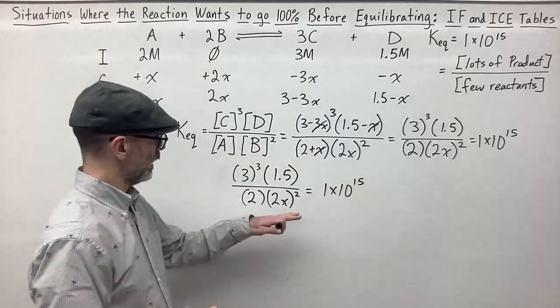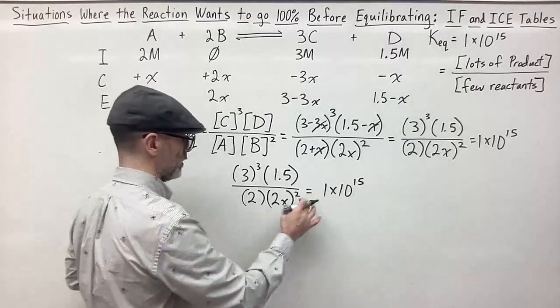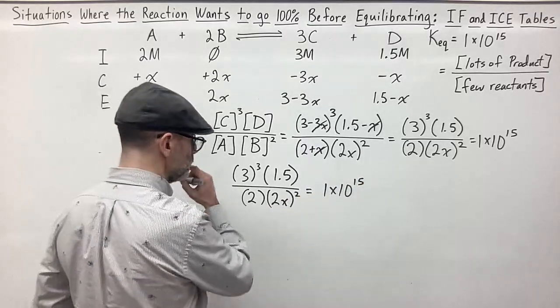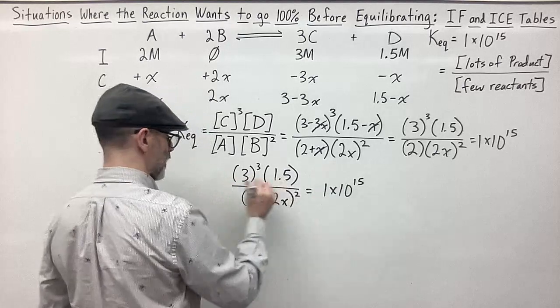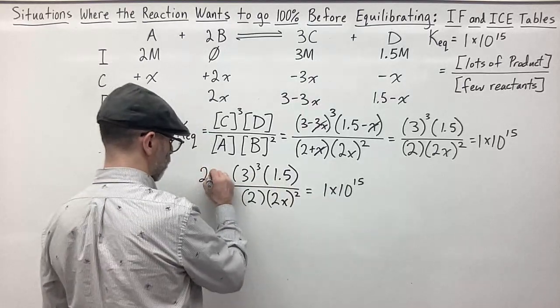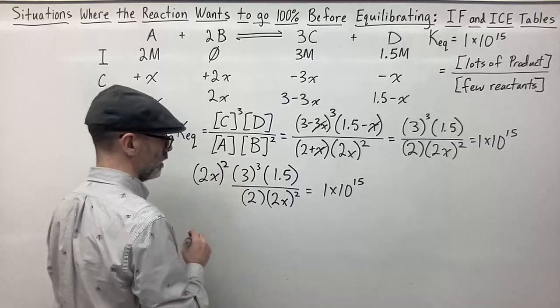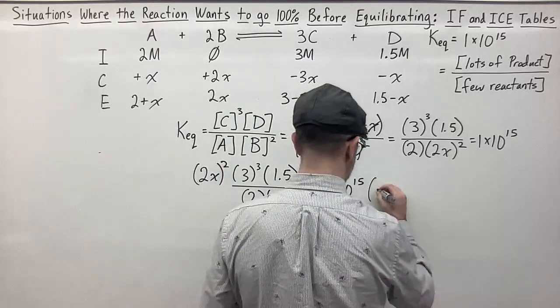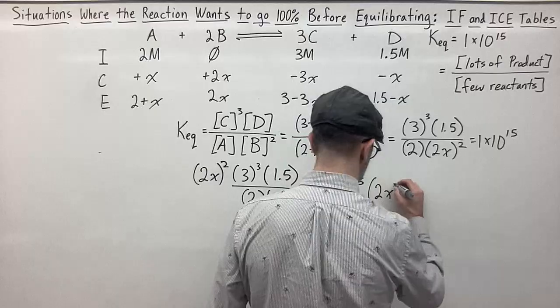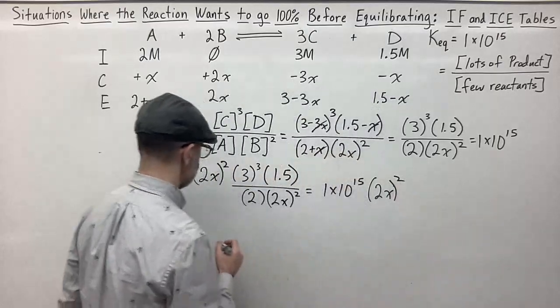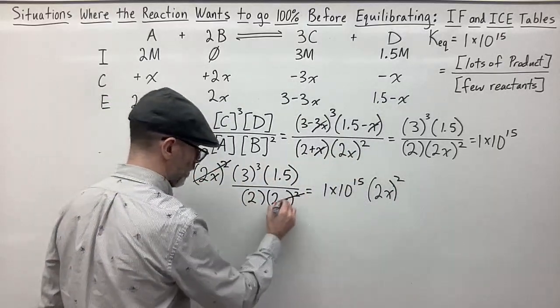So we can get x on this side, on top. If I multiply both sides by 2x squared, then this cancels out with this.